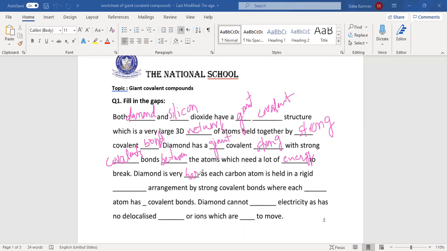If you revise all the lectures, you will find that I explained again and again that diamond is very hard, as each carbon atom is held in a rigid tetrahedral arrangement. These all things I have explained in my lecture. Tetrahedral structure of diamond and trigonal planar structure of graphite; tetrahedral structure of silicon dioxide. Diamond and silicon dioxide have the same type of structure, a tetrahedral structure.